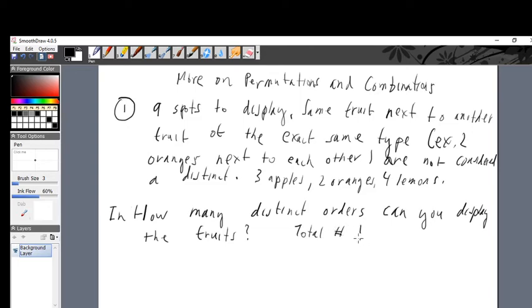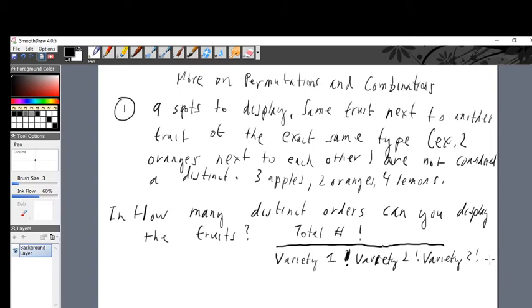Total number of fruits factorial over variety 1 factorial, times variety 2 factorial, that's not supposed to be a question mark, that's supposed to be a factorial, over variety 3 factorial, etc., depending on how many varieties there are, and you keep going until you run out of varieties.